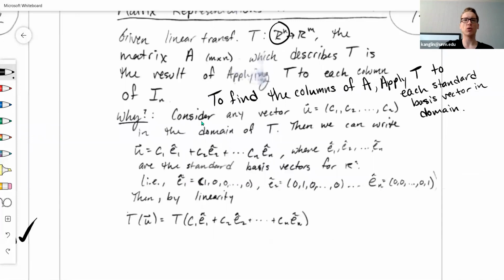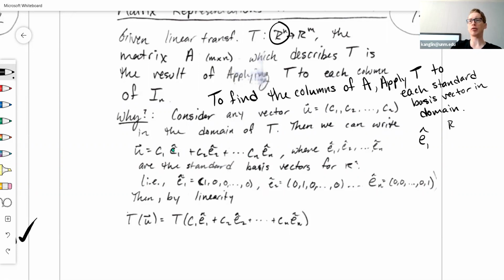To really see why this works, consider any vector u in this domain. I'll just say its components are C1, C2 through Cn. Right, this is in the domain of T. Then we can write u as really just C1 times the first standard basis vector. To be clear, the standard basis vectors are the ones you might be aware of.